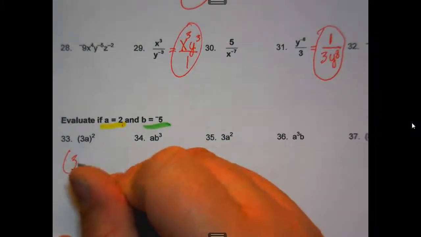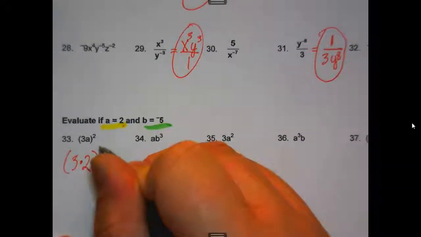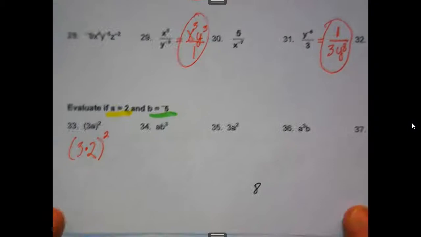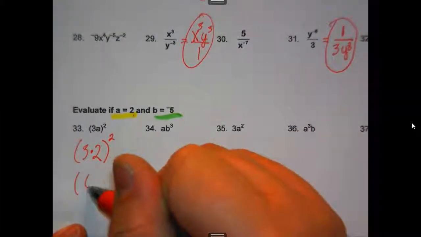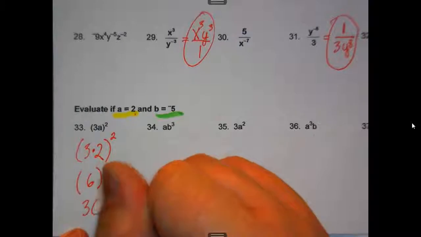So this is times 2, raised to the 2. Guys, follow PEMDAS on these. That's the toughest part. 3 times, parentheses first. 3 times 2. Then exponents. 6 squared is 36.